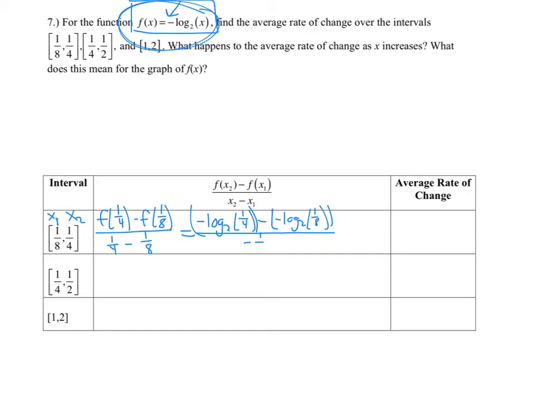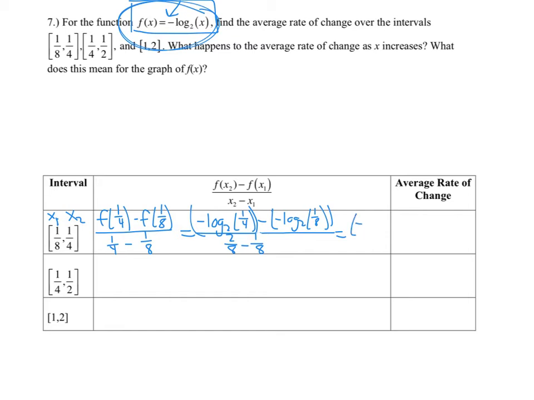Well, let's do that step by step. So if we get a common denominator, 1/4 is the same as 2/8. Alright, so log base 2 of 1/4, well, that's -2, because we'd have to use a negative exponent to get the 2 in the denominator, and then square it to get 4.